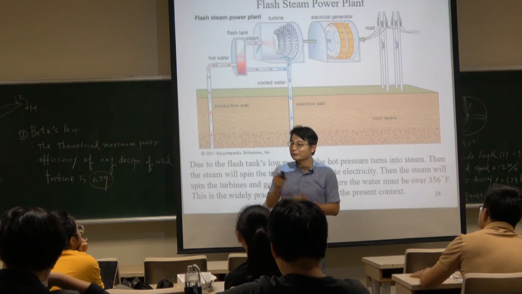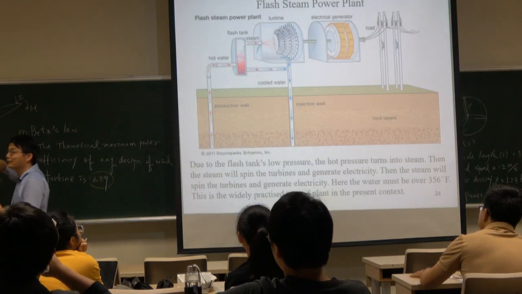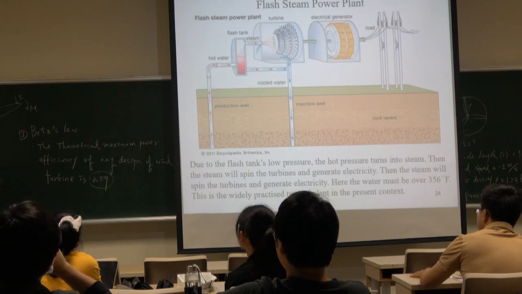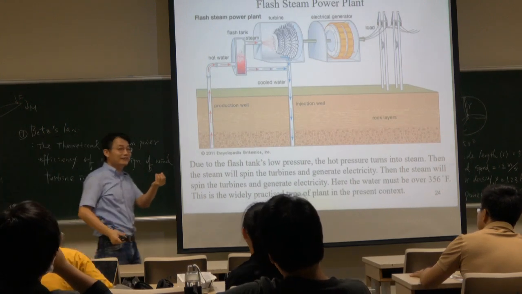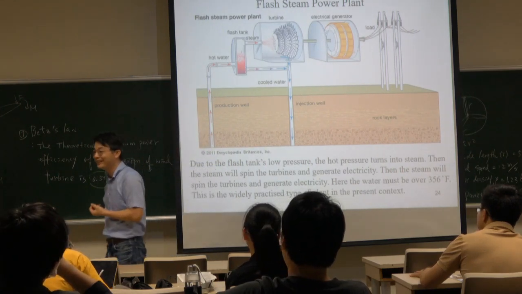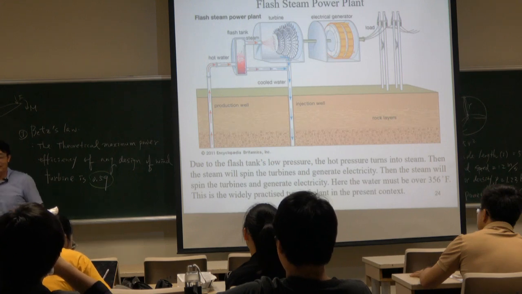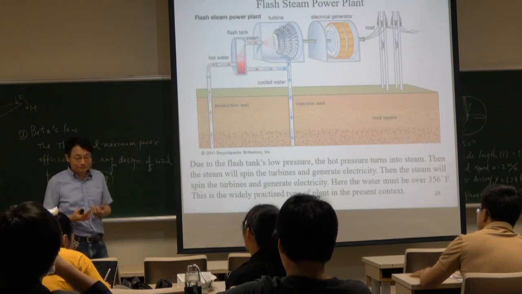For the low pressure, it's like when you climb a mountain. On the mountainside, if you want to boil, to cook rice or noodles, because the pressure is quite low, the water can boil.